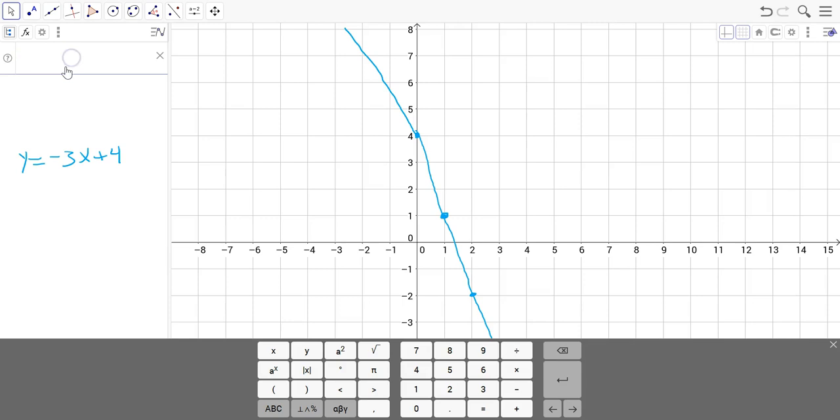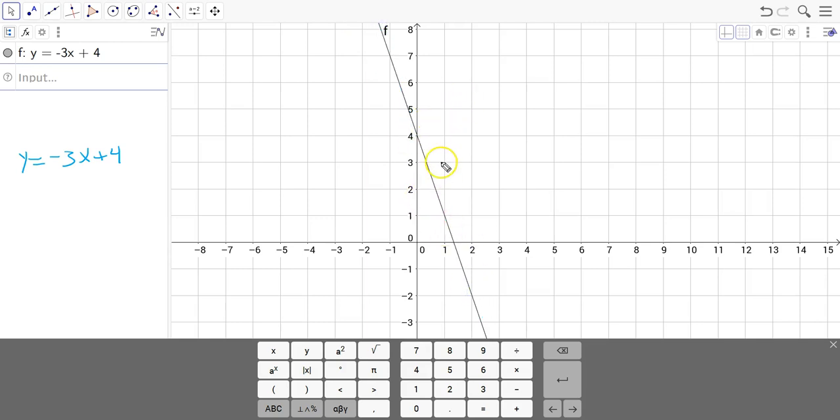So if we type in y equals -3x plus 4, right there, well, my graph was off a little bit over here. Should have gone up like that. And so right here we see the graph of -3x plus 4. And that's the graph of our equation.